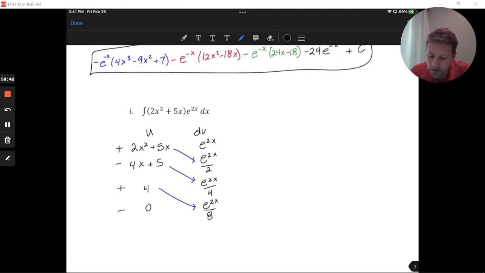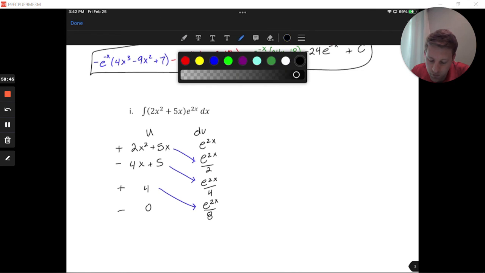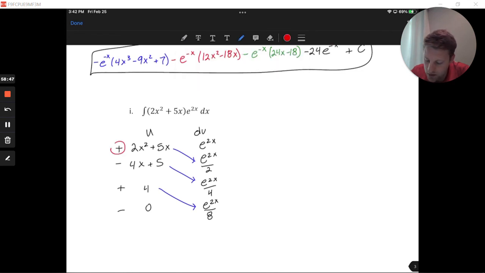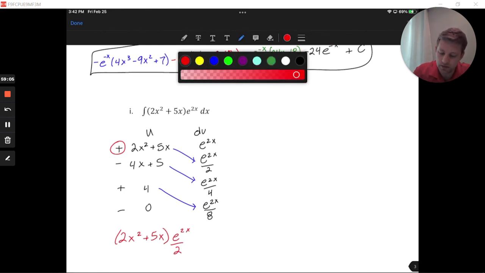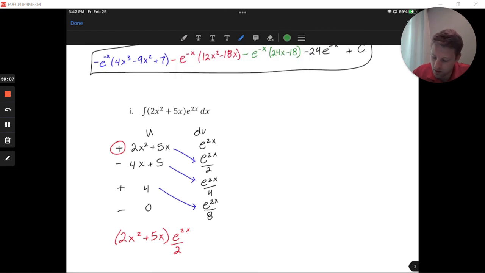So when we take the products here with those arrows, we have 3 products to make here. The first is going to be positive. We'll have 2x squared plus 5x times the exponential e raised to the 2x over 2. The second product we'll see is going to be our negative 4x plus 5, and then we'll have e raised to the 2x over 4.